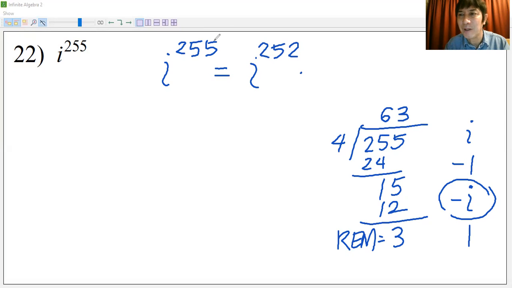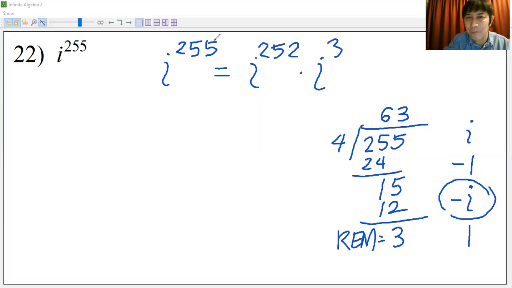That means i to the 3 is there. 252 is divisible by 4, okay? 252 is divisible by 4, right?